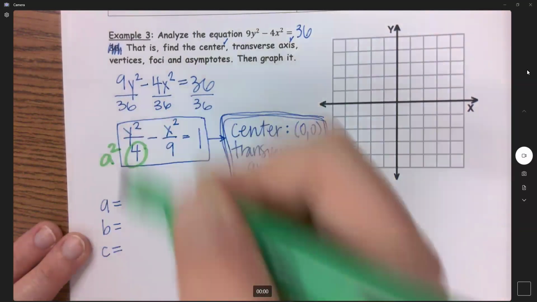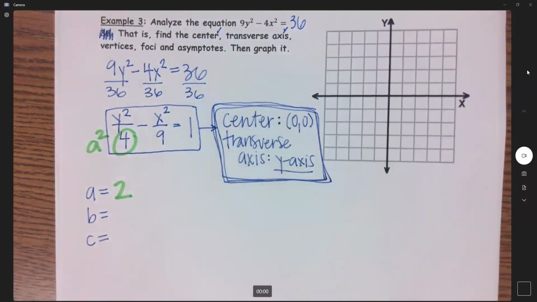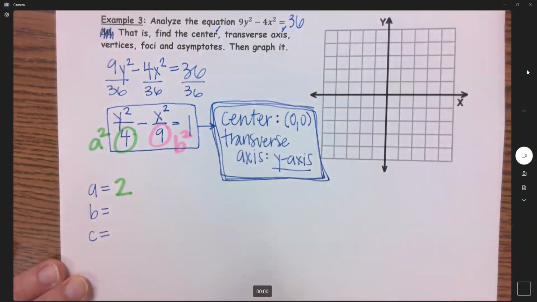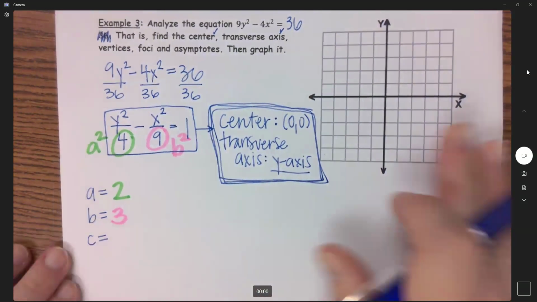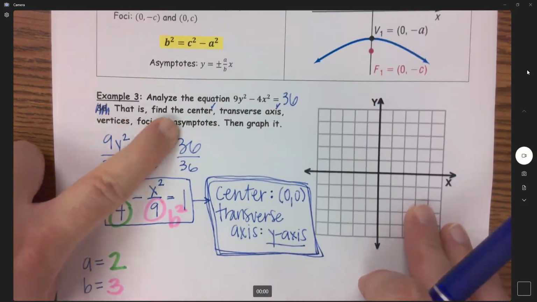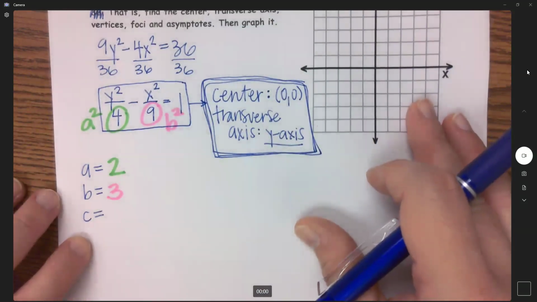So my a squared is 4, so a is 2. That's fine. Then this is my b squared, so then b is 3. So I have enough information to give my vertices and my asymptotes, but not for my foci. I need c for that.